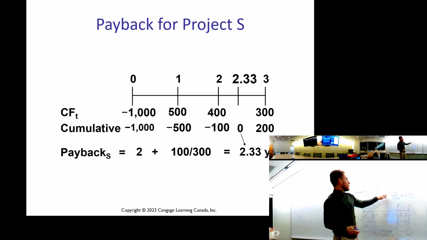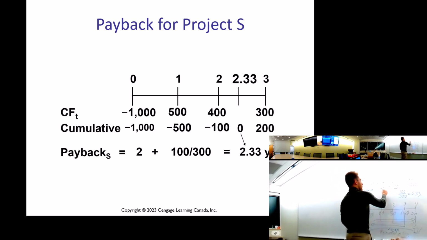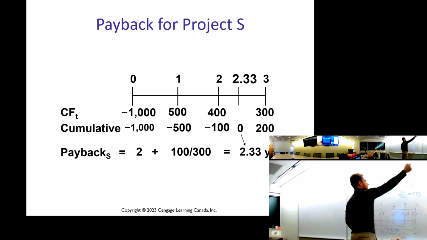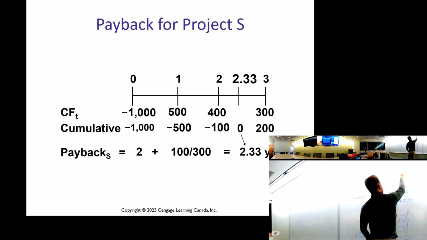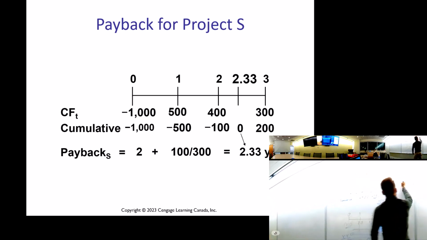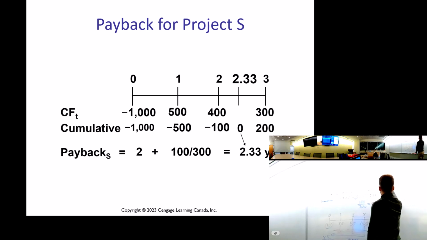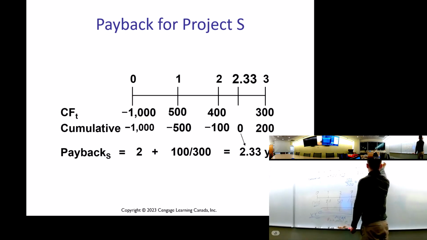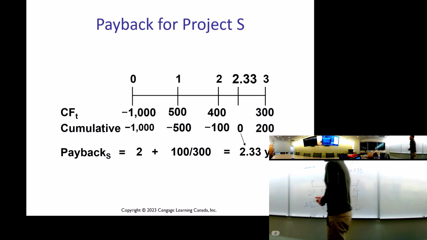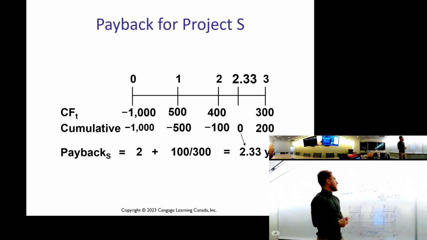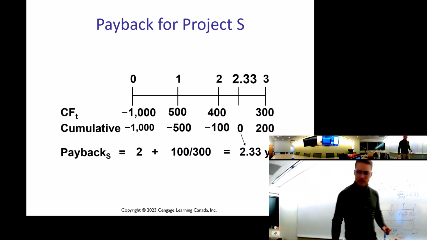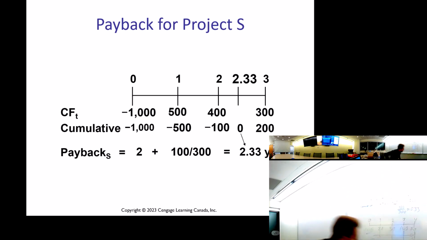Okay. So what this means is it took me 1 year, 2 years, and then 0.33 of a year for a total of 2.33 years to pay back the project. So that's an undiscounted cash flow, and this is an example of one. Okay? I do hope that makes sense.